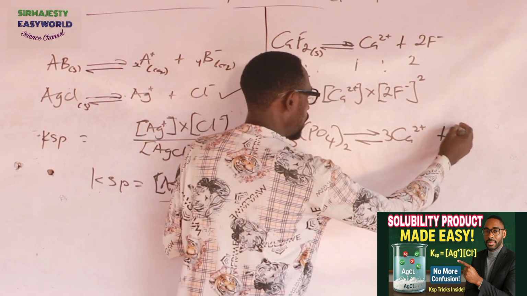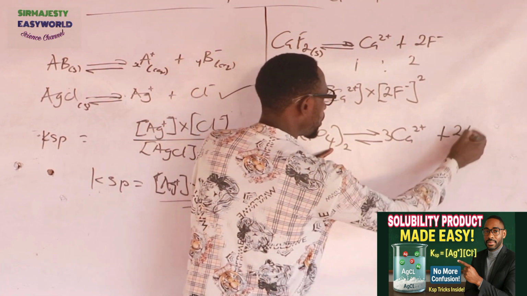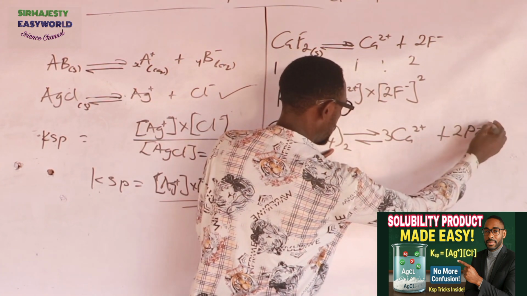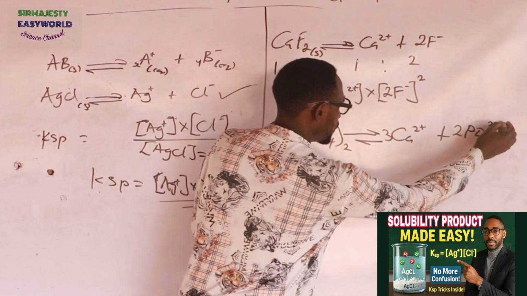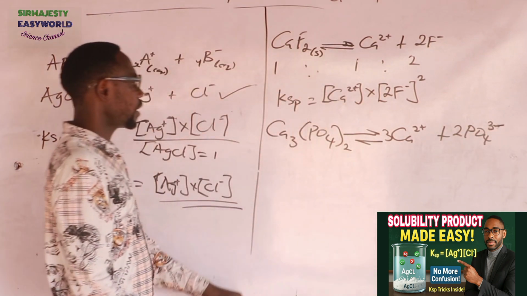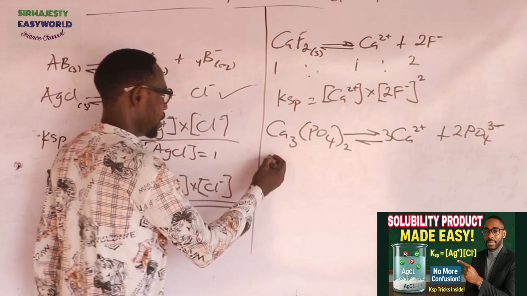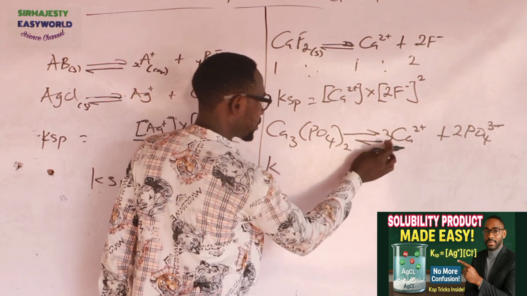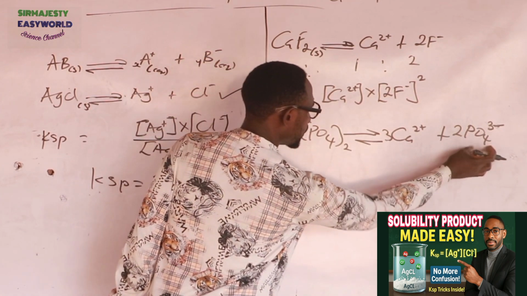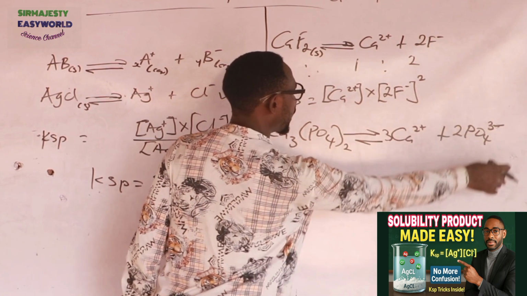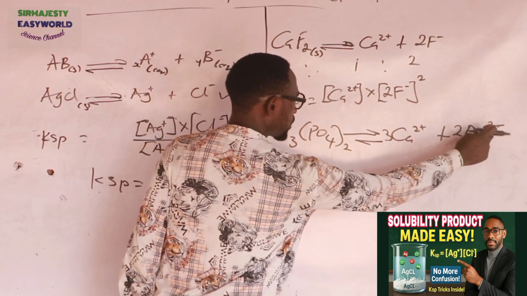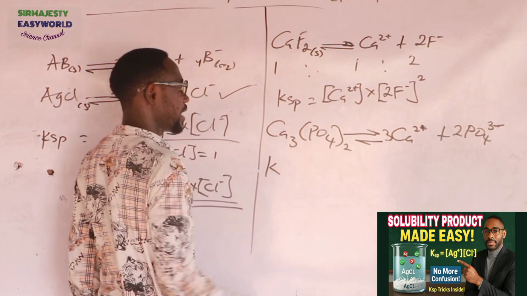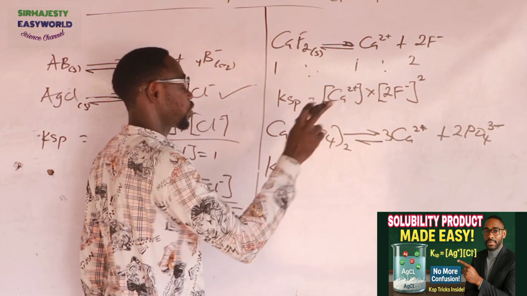Then plus 2, because this is 2, PO4 3 minus, of course. This is the dissociation. What is the solubility product? Multiply the molarity of this ion times 3, the molarity of this times 2, and raise it to the power of their coefficient. Nothing to do with the charge. This is plus 2. This is minus 3. Remember that atoms will balance and the charges will balance also.